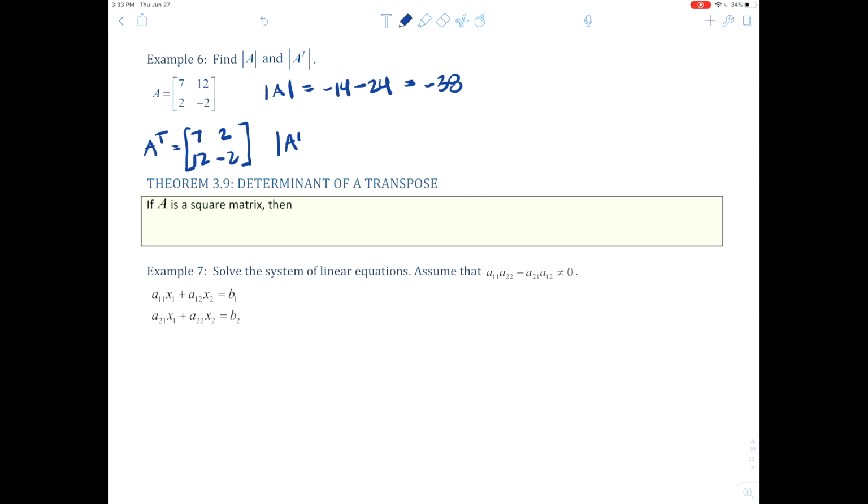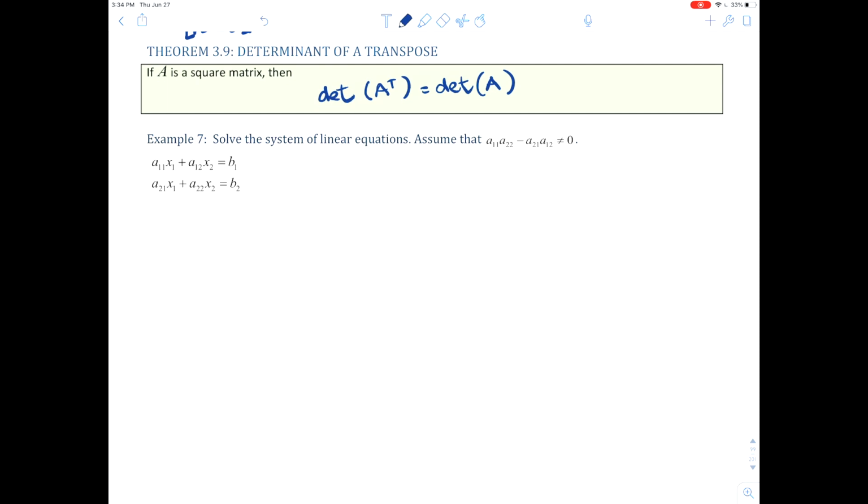So the determinant of A transpose equals negative 14 minus 24, which is negative 38. So look at that. These two are the same. Groovy? So that brings us to Theorem 3.9. If A is a square matrix, then the determinant of A transpose is equal to the determinant of A.